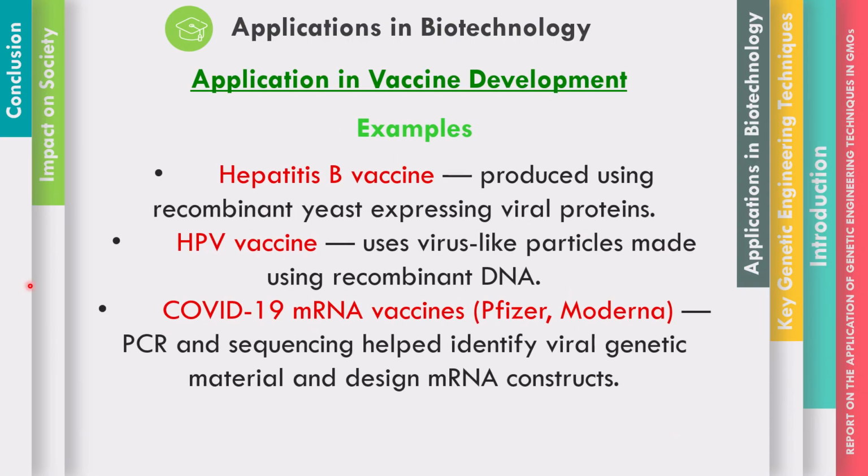Examples: hepatitis B vaccine, produced using recombinant yeast expressing viral proteins. HPV vaccine uses virus-like particles made using recombinant DNA.